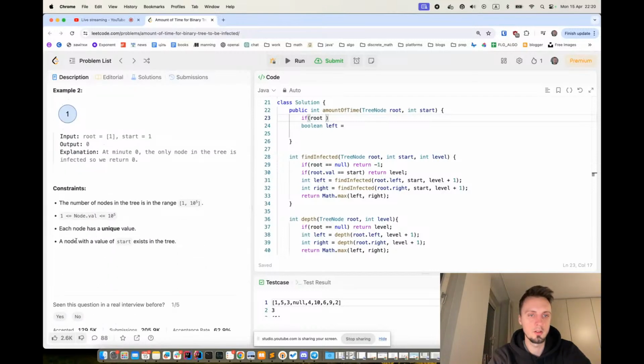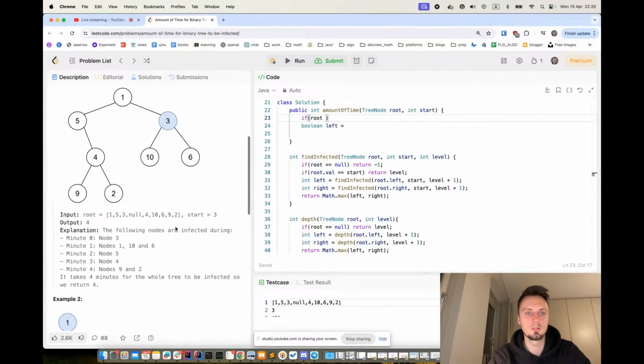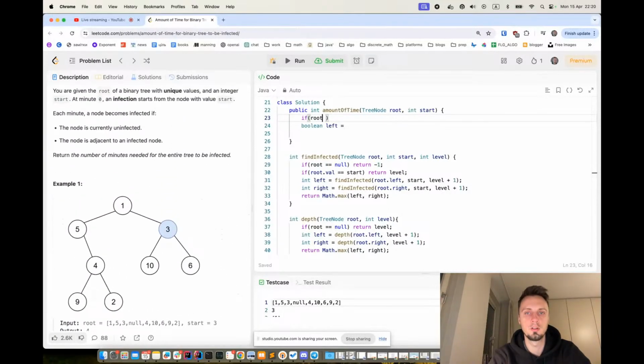Each node has a unique value, at least one. Okay. So if root val is equal to start, then we return 0. Otherwise, we check find infected on root left with start and with 1.